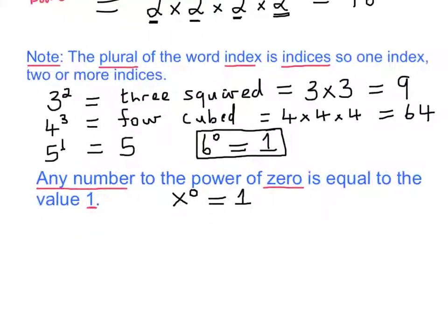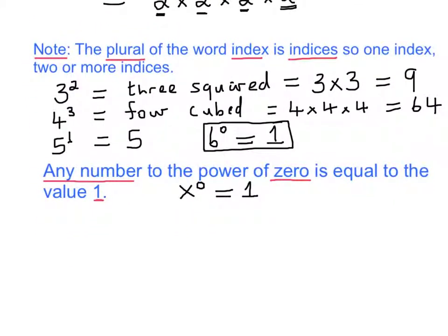In mathematics, we sometimes use letters instead of writing down the particular number. So if x is a number, then x to the power of 3, or x cubed, is x multiplied by x multiplied by x.